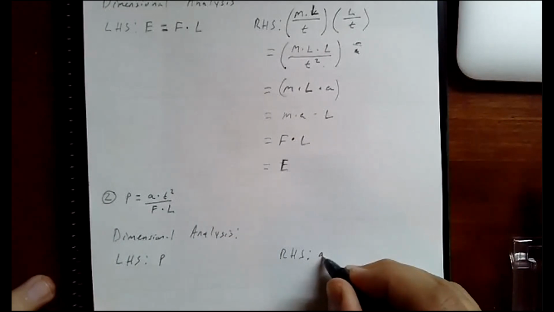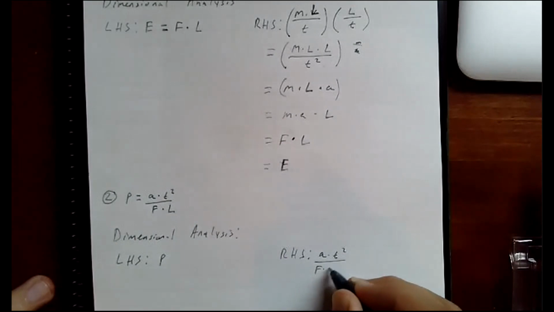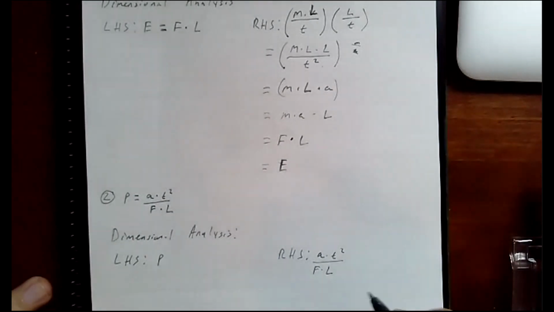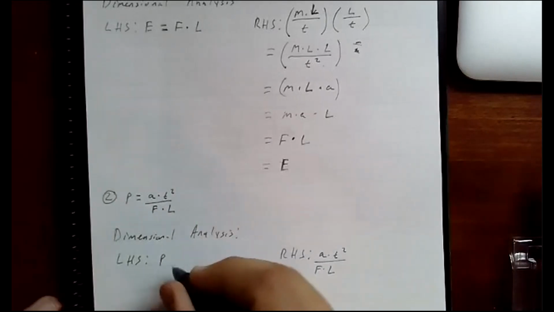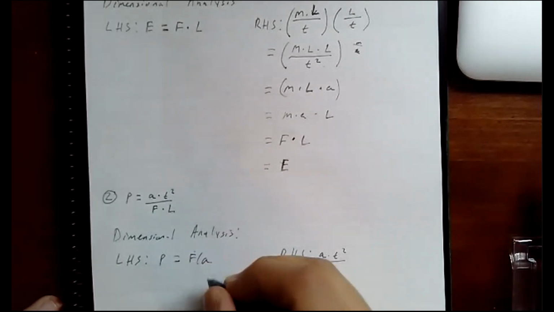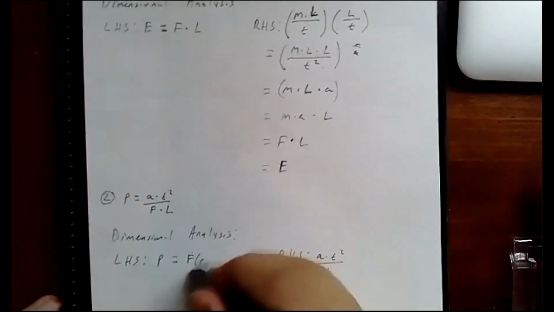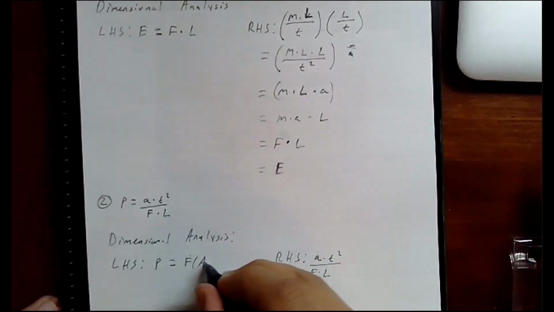That would be A times T squared over F times L. And that's lowercase p. All right, so let's look at the equation for lowercase p. This is technically equal to F over A, capital A. These are important. Capital A. There we go.